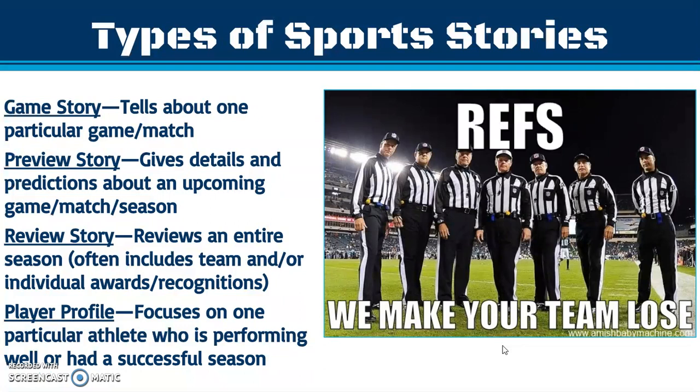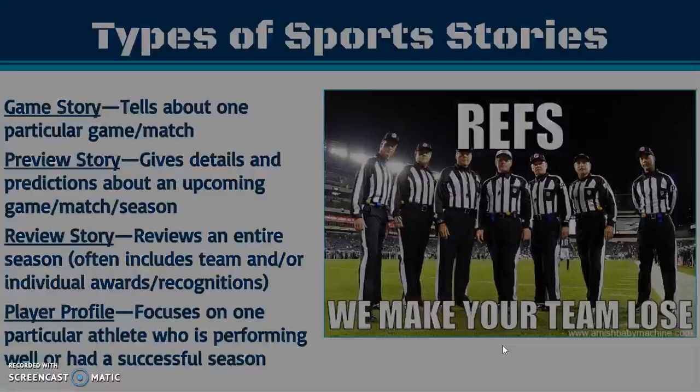So if any players were named first team, OCC, that's important to know. And the last type that we're going to go over is the player profile. And that focuses on one particular athlete who is performing well or had a successful season.